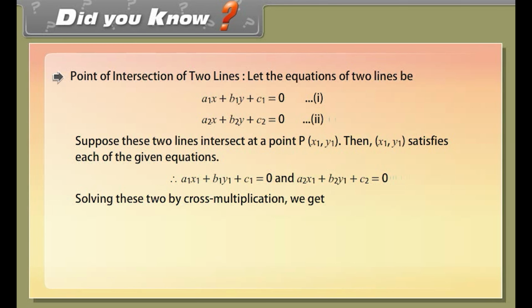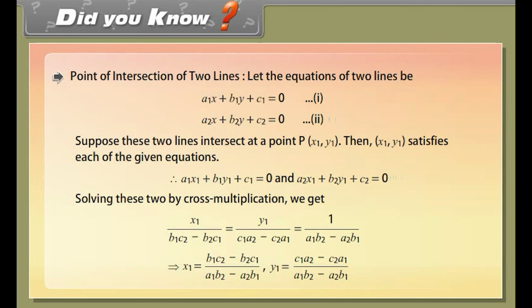Solving these two by cross multiplication, we get x1 by b1c2 minus b2c1 is equal to y1 by c1a2 minus c2a1 is equal to 1 by a1b2 minus a2b1. It implies x1 is equal to b1c2 minus b2c1 by a1b2 minus a2b1. y1 is equal to c1a2 minus c2a1 by a1b2 minus a2b1.